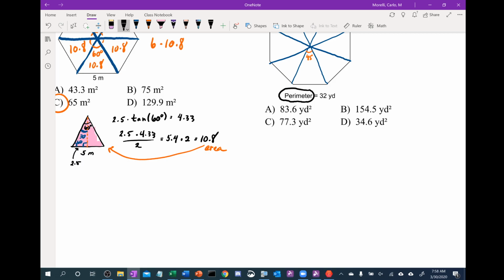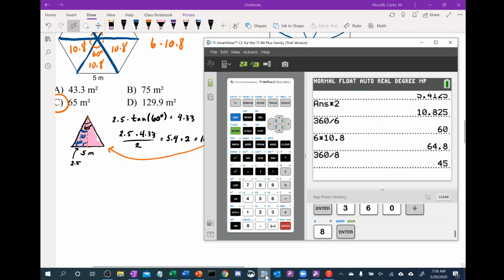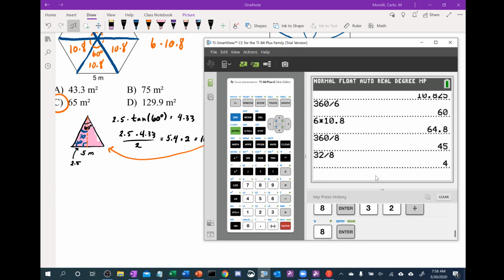To find one of the missing side lengths, we would need to take 32 and divide by 8. Okay, so that's going to give us the side length. So let's go to our calculator here and do 32 divided by 8. 4.